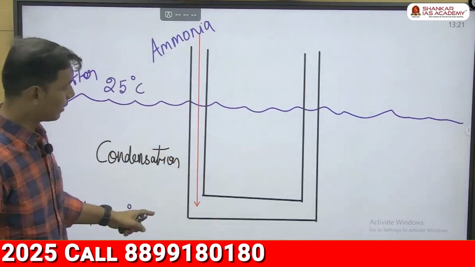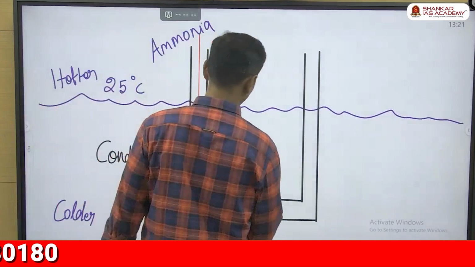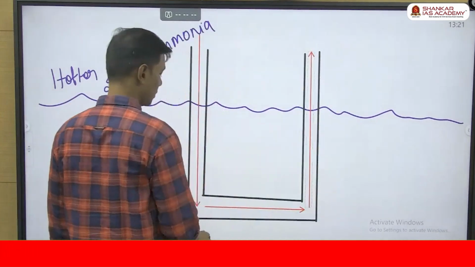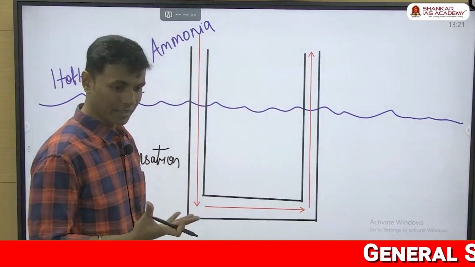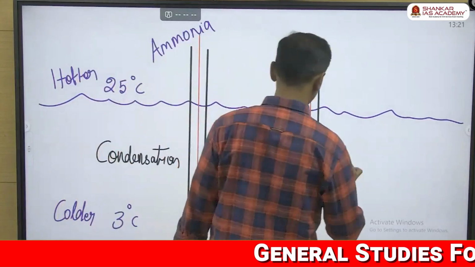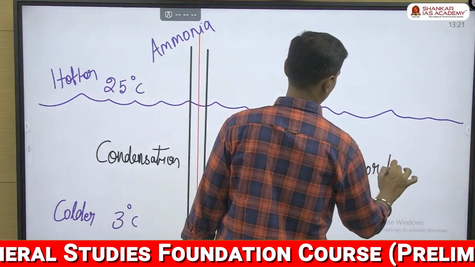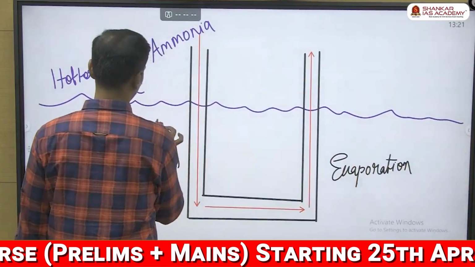Under greater pressure, we will have different pressure pumps here. Using the pressure pump, we will be pushing the gas through this and then through this. Now it is moving from 3 degrees to 25 degrees. What will happen? Expands, correct? That is, the liquid will be turned into gas, which we call evaporation. In this column, the gases are converted into liquid.